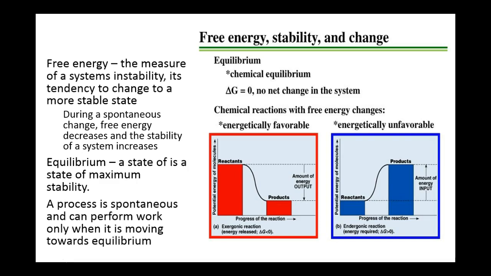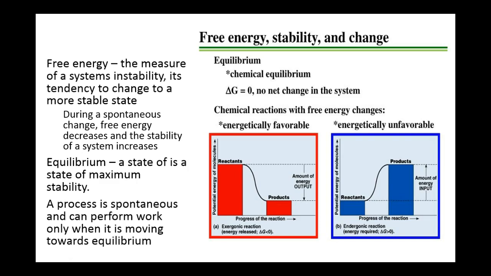Now that energy will then be able to be used to actually run an endergonic reaction, where you have reactants. Those reactants don't have to be the same as the products from the exergonic, but could be very similar.